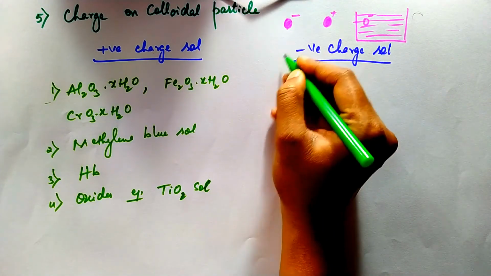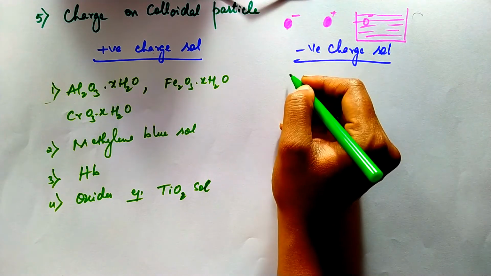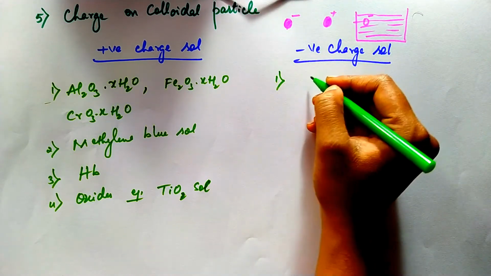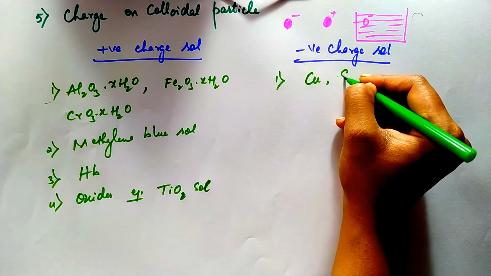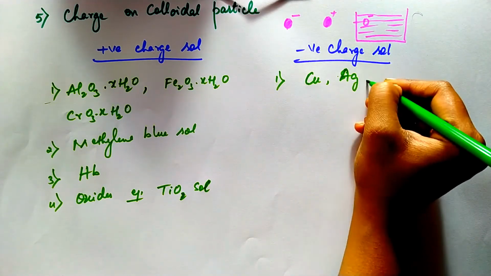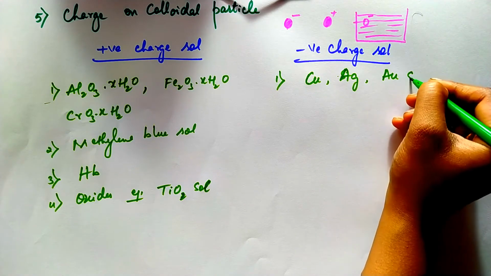And the next one is the negative charge sol. The first one is the metals, like copper, silver Ag and gold sols.